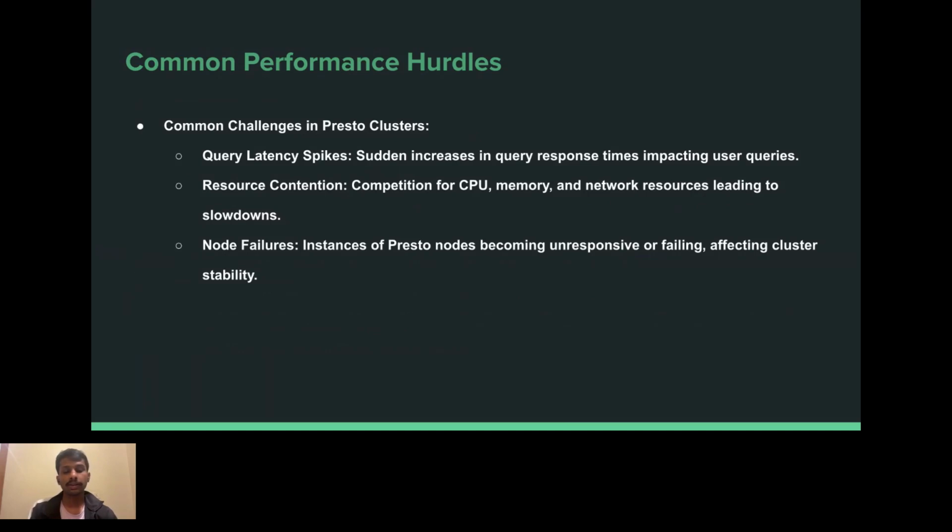And the third one is about node failure. Suppose an instance of Presto is running and becomes unresponsive or fails. It may be caused by the previous one, which is resource contention. Because suppose we run a lot of queries over the node, and it runs out of memory, it runs out of CPU computations, the node may fail.